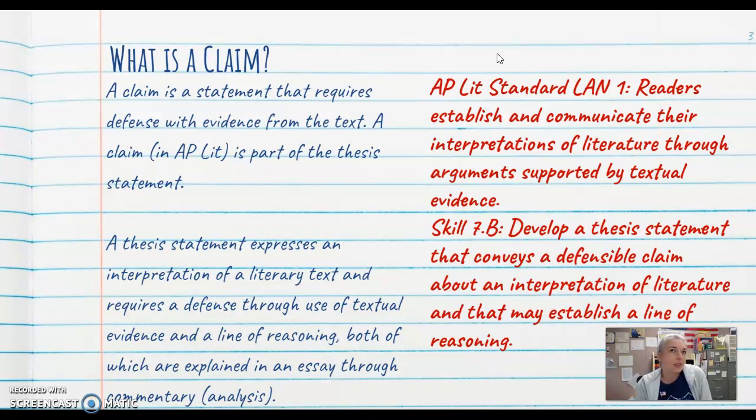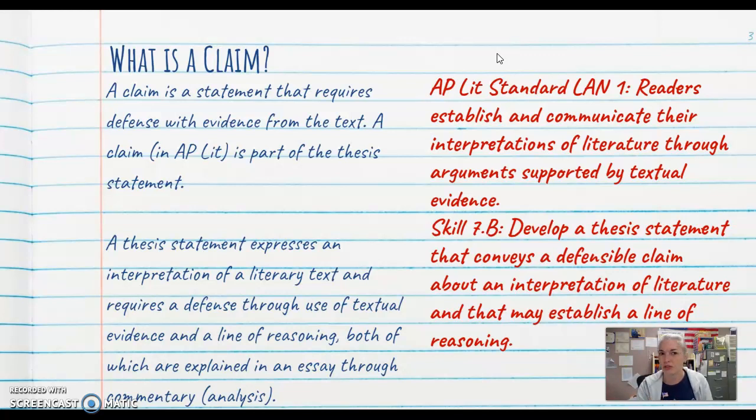And that's the basic literary analysis stuff that you learned how to do in 9th grade, 10th grade, and 11th grade. A substandard, a skill connected to Lit Standard Language 1, is Skill 7B, and that is to develop a thesis statement that conveys a defensible claim about an interpretation of literature that may establish a line of reasoning. And this language is pulled right out of the AP College Board English Literature and Composition Standards.